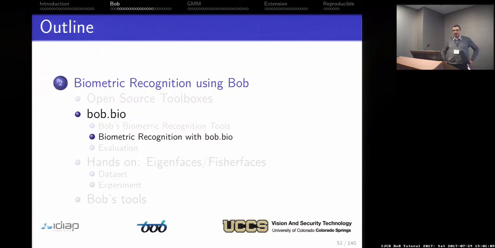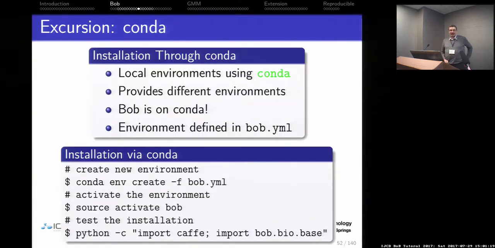Okay, now we want to see how we use this whole framework to actually do something with it. We have a small excursion into Conda. We provide Bob as a Conda package, because it's very simple to install via Conda.